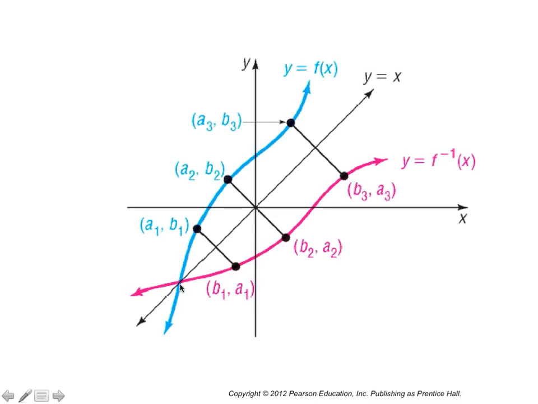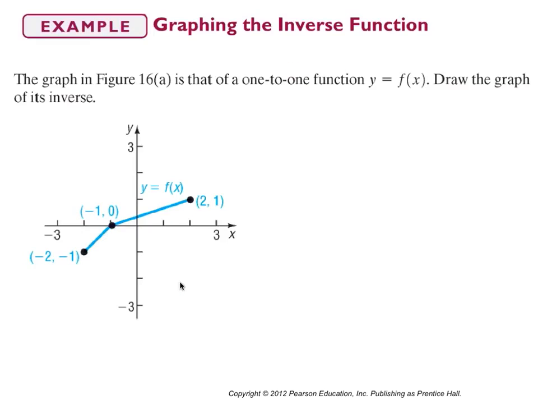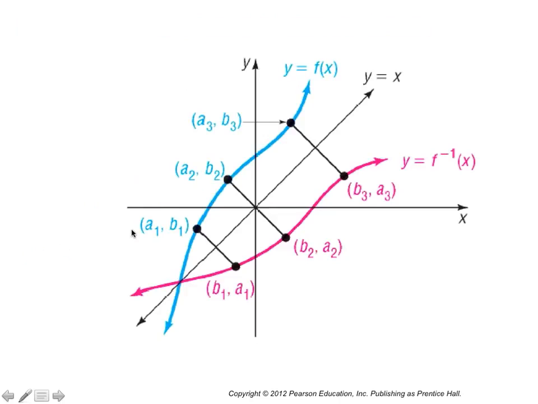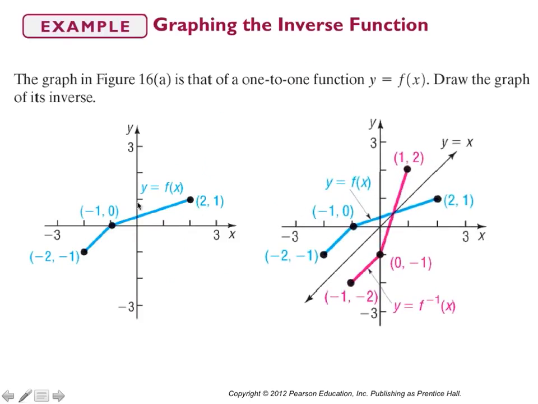And you'll notice anytime that it actually hits this line y equals x, its inverse always goes through that line as well. So if we have something like this, and we want to draw its inverse, one thing you can do is just draw your line of y equals x right on there and go ahead and flip it across. If that's hard for you to see though, one thing that you can do is just flip every individual x and y.